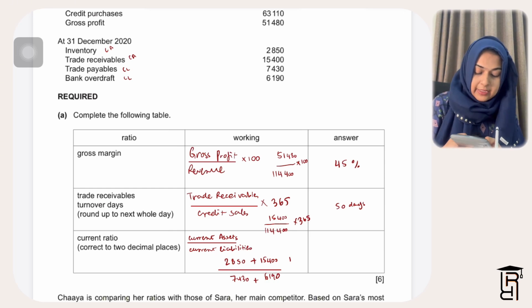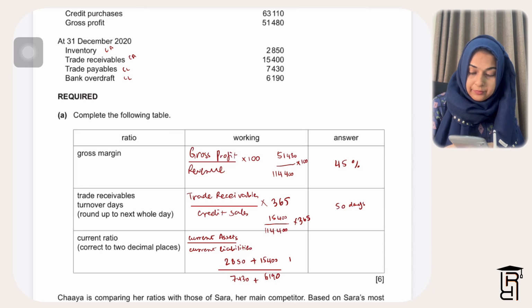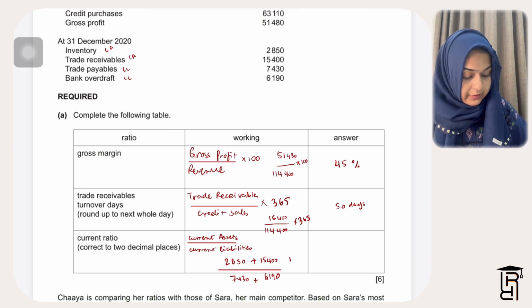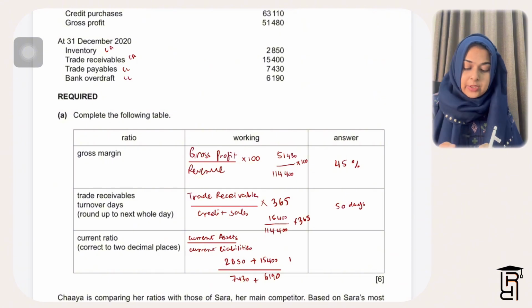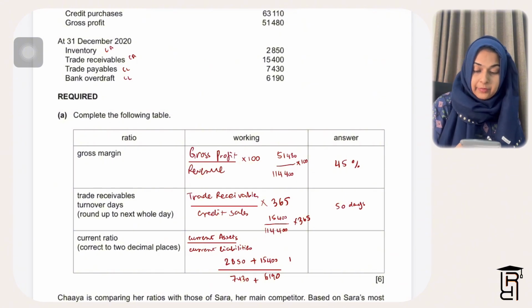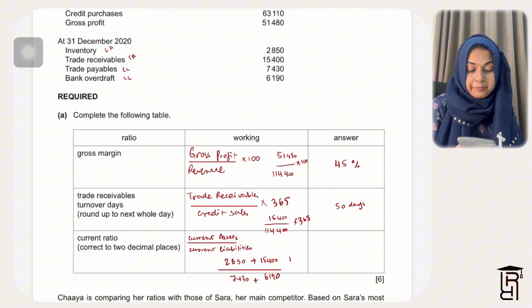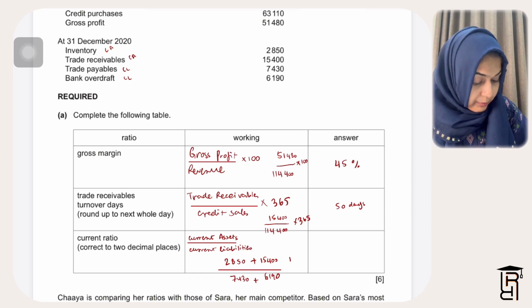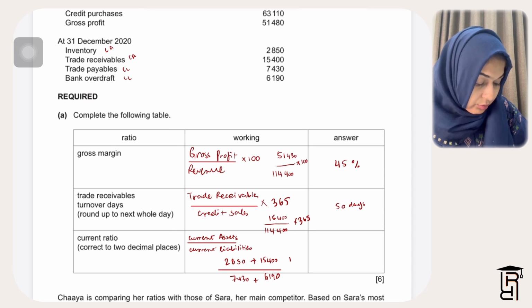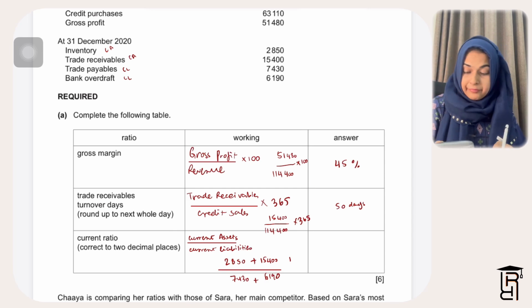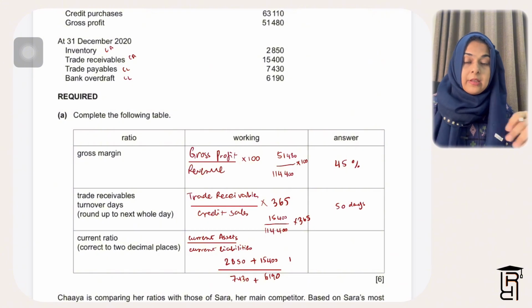You divide this by 7,430 plus 6,190, which is 13,620. So 18,250 divided by 13,620 will give me 1.34 to 1, which is my current ratio in this case.